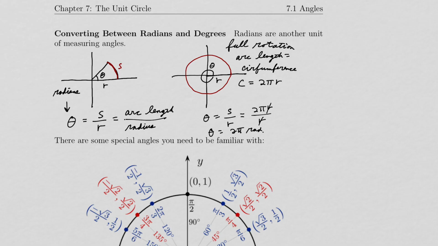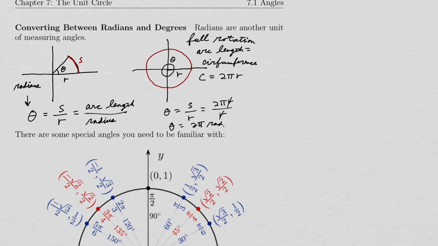Okay? We also know that going all the way around is 360 degrees. So now we have a relationship that we can form a unit conversion factor from. We know that 360 degrees is equal to 2 pi radians. Usually what people do is they divide both sides by 2.